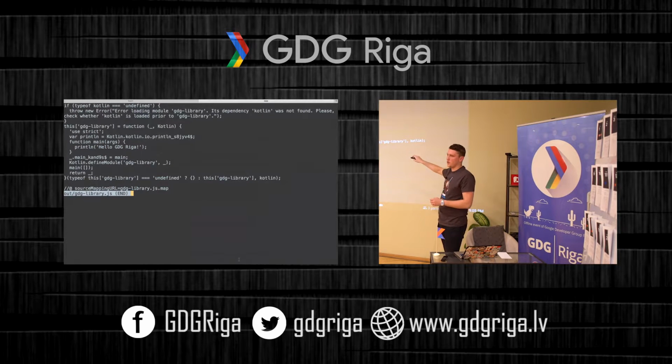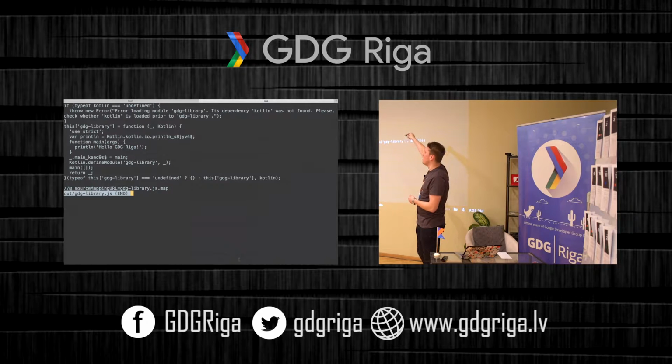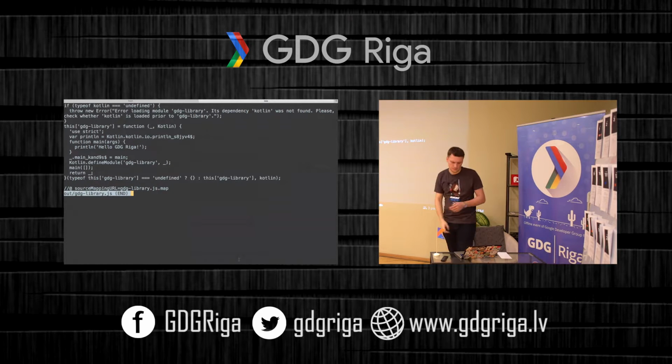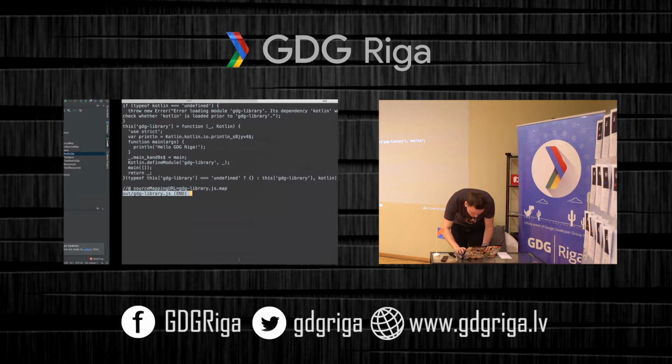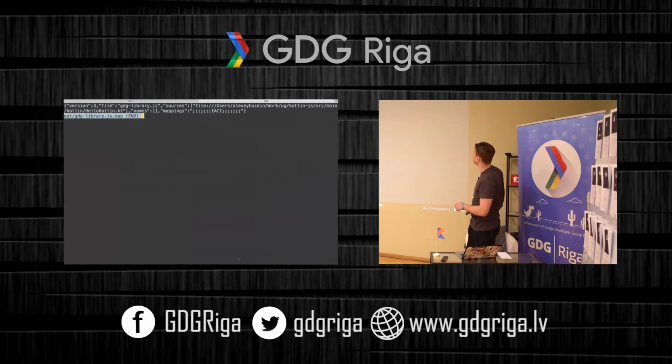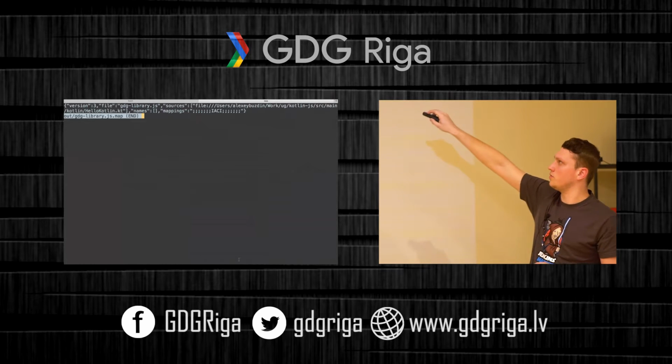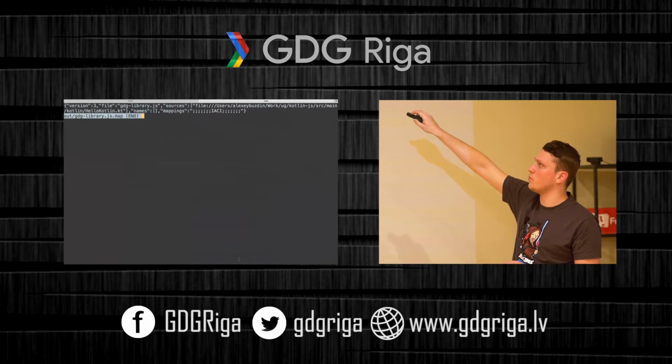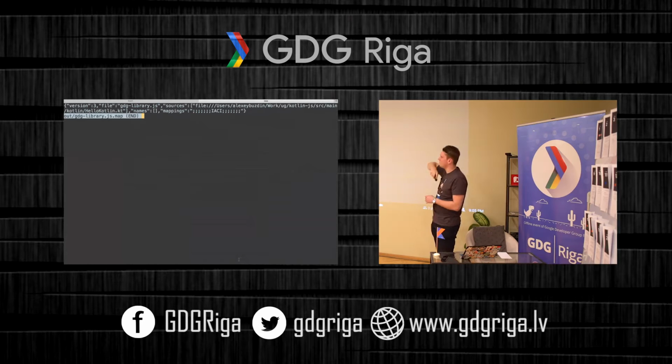Here the function changed. If we have multiple functions, then it will just translate them here. Okay, let's look into source maps. Here is a source map, the KT mapping: from which JS file to which file it maps.